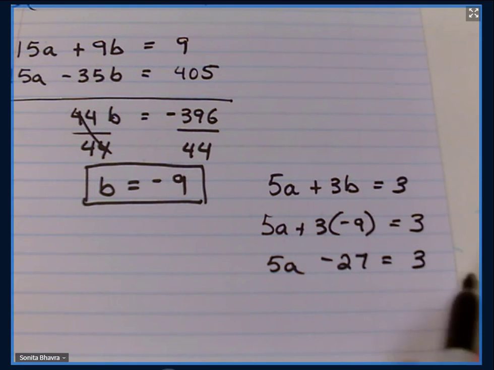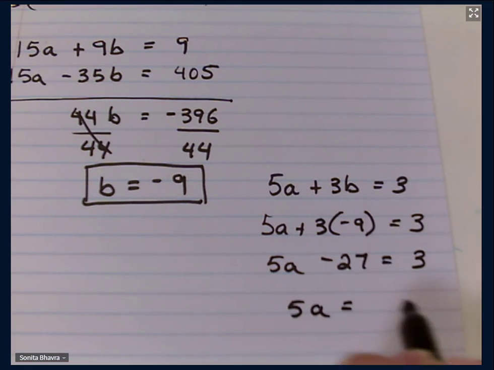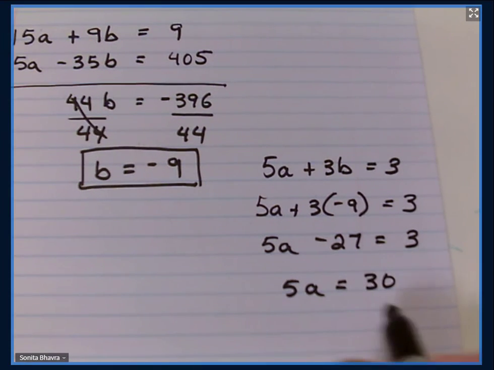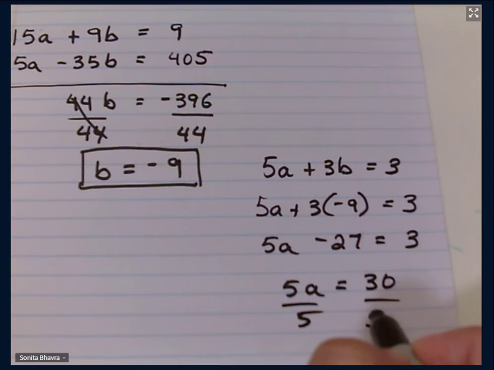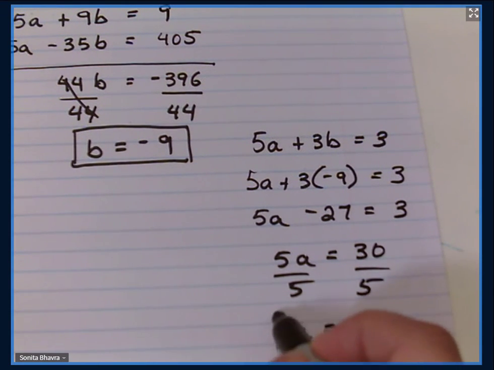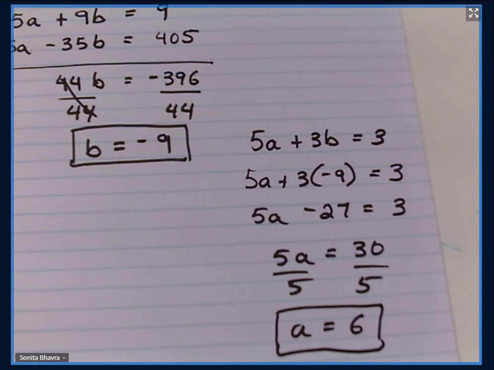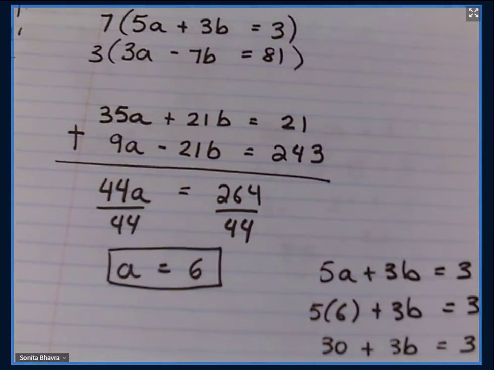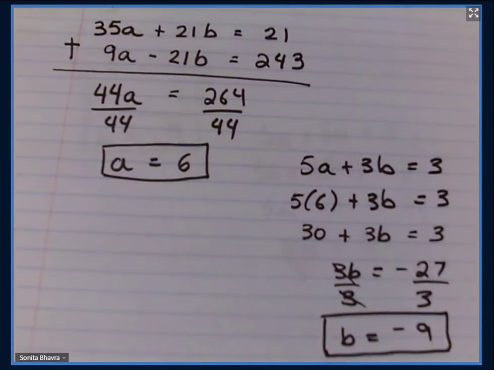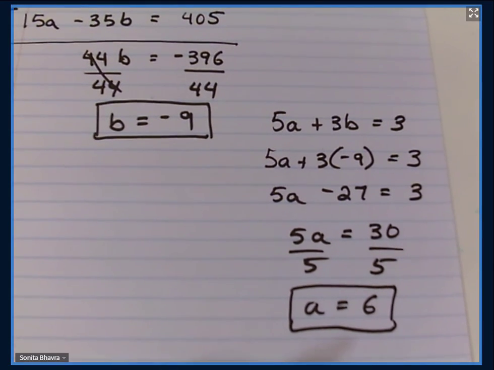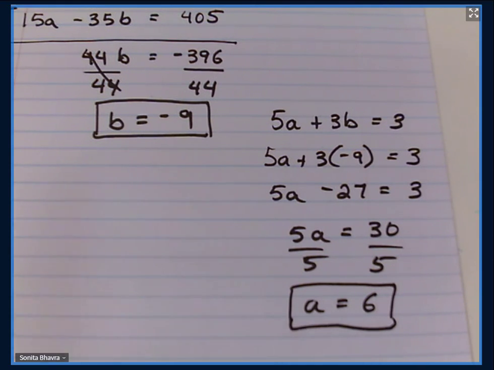Add 27 to both sides: 3 plus 27 is 30. Then divide by 5 on both sides, and a is equal to 6. I just wanted to show that when we did the equations previously, we also got that a was equal to 6 and b was equal to negative 9. And we still get the same answers: a is equal to 6 and b is equal to negative 9.